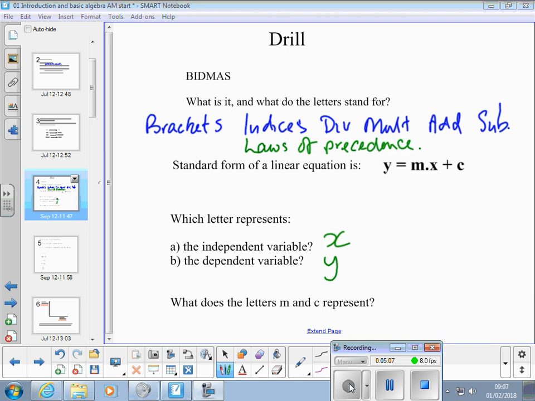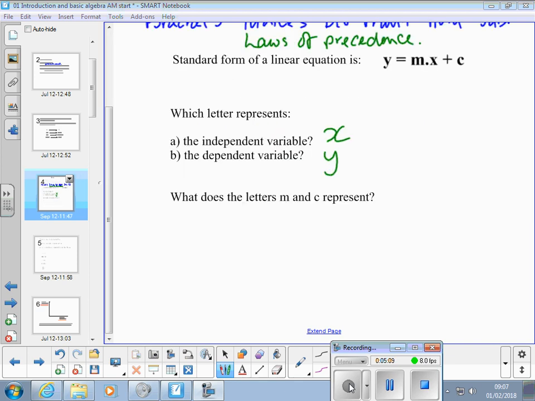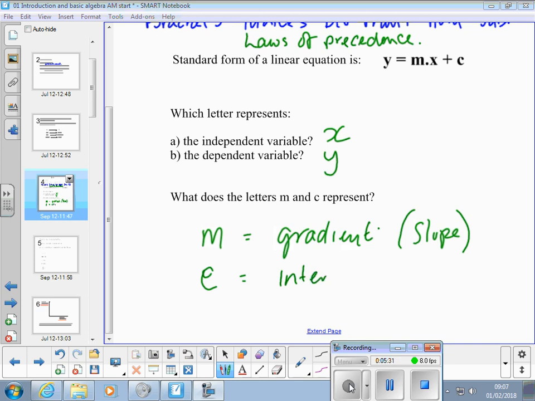Okay. What do the letters M and C represent? M is the gradient or slope, and C is the y intercept of the y-axis.